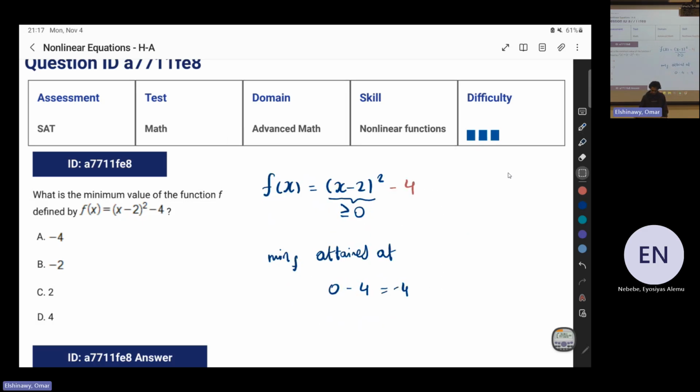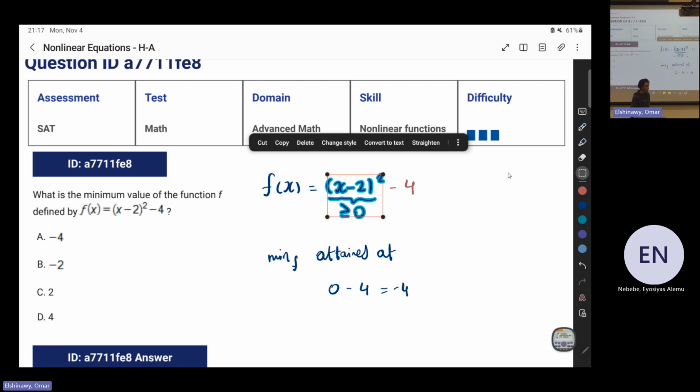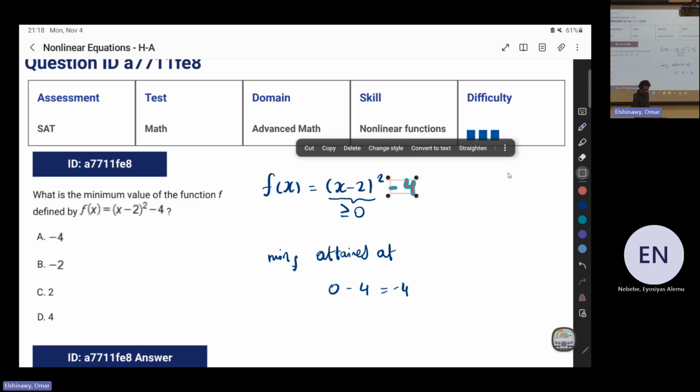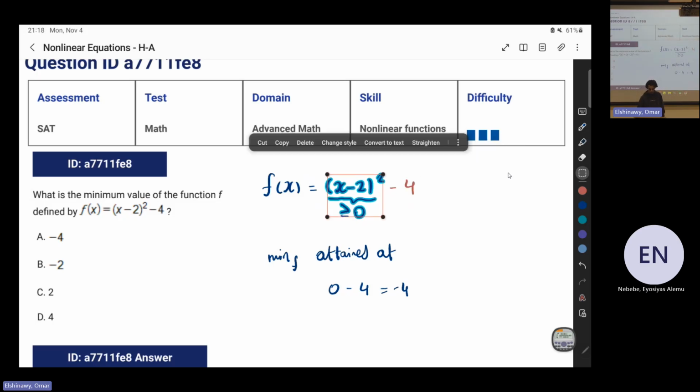So this is always greater than or equal to 0. And this is constant, so you cannot really change anything about it. But my question to you is, at least for the part that's highlighted there, what's the least value this thing can attain? 0.